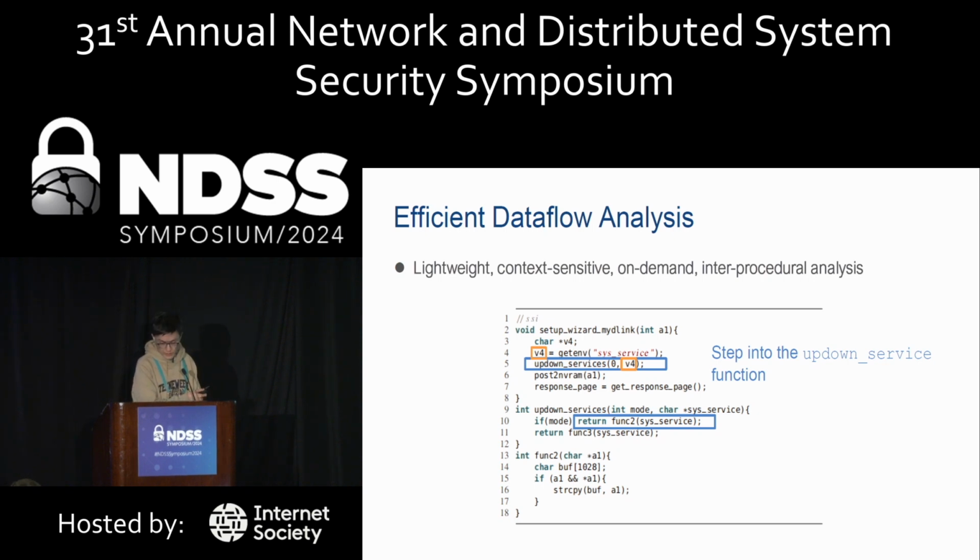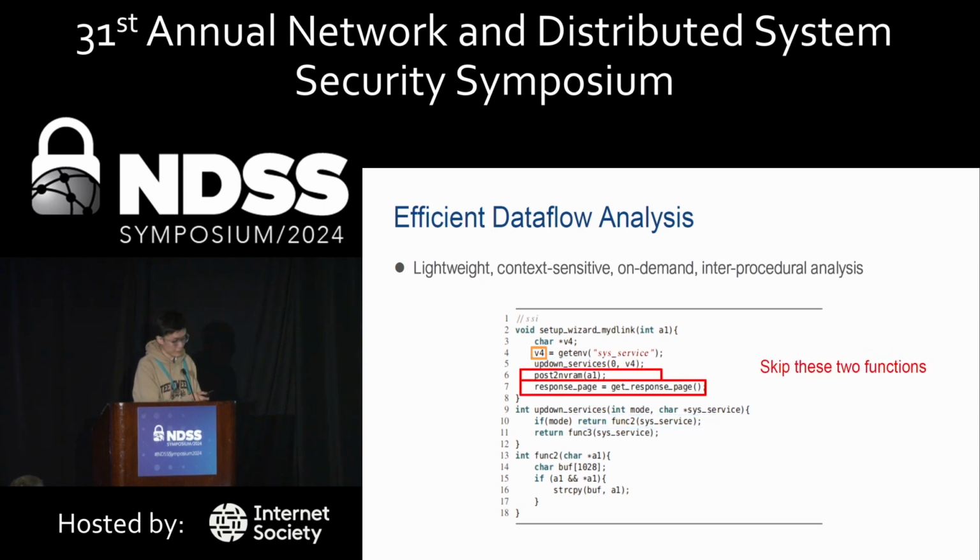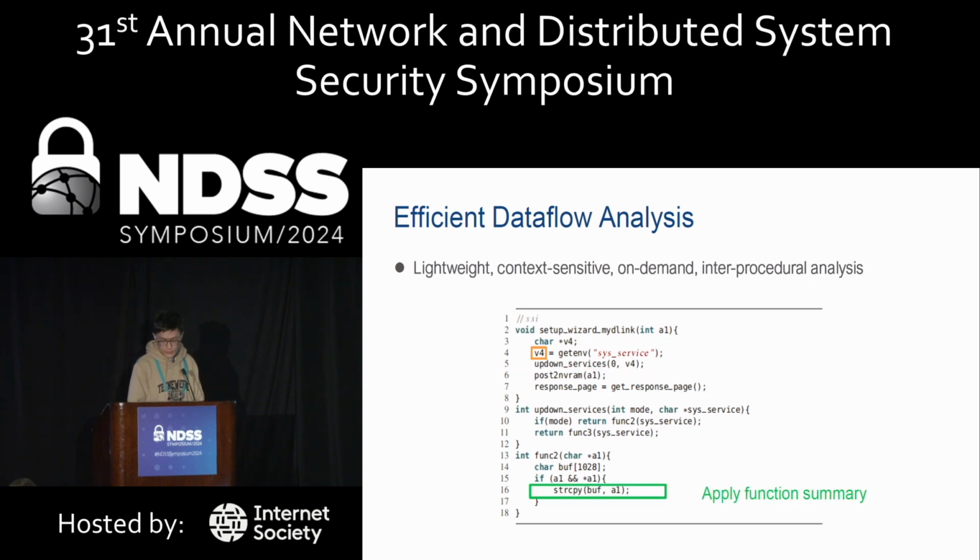So our taint tracking engine also steps into these functions. But for those 2 functions, they are not analyzed because their parameters are not tainted. Finally, when we encounter some library functions, we apply the summary of string copy. And it fills the stack variable above with the value pointed to by taint variable A1.